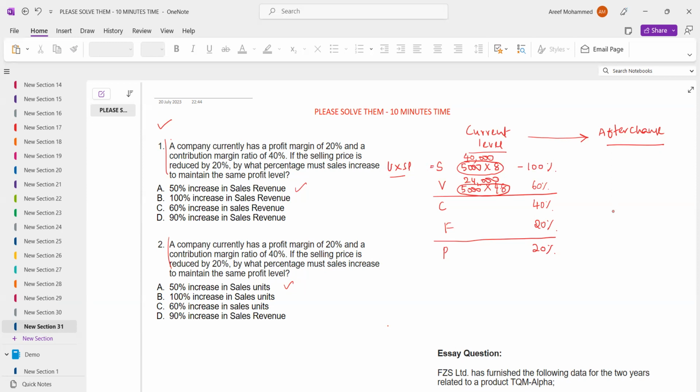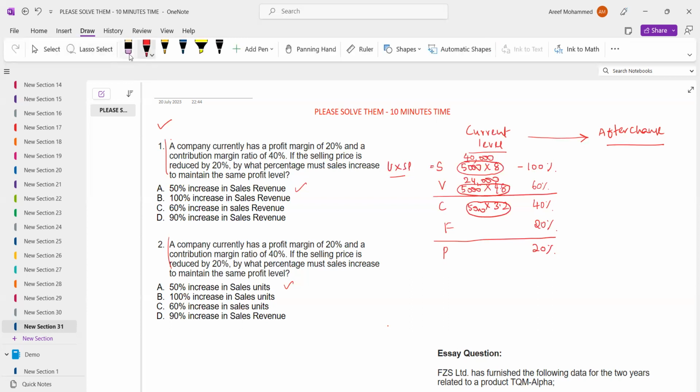What will be the contribution margin per unit? 3.2, times the 5,000. So what will be your total contribution? 16,000. So 40,000 are my sales, 24,000 are my variable cost, 16,000 is the contribution.